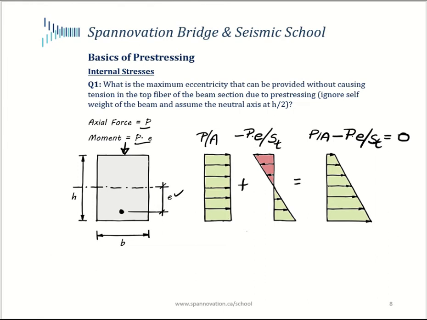Now, the other thing it says is that the neutral axis is at mid-height, which is right in the middle of the concrete section, which means the top and the bottom fibers are equidistant from the neutral axis, which means S_T would be equal to S_B. The section modulus with respect to the top and the bottom would be equal to S.